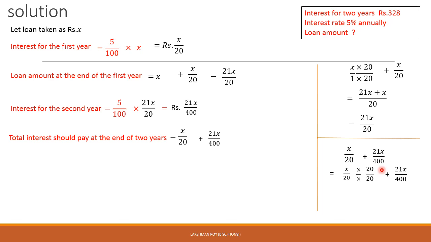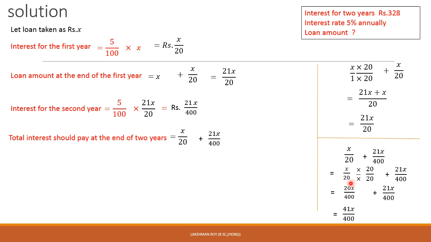Then you have to add the fraction 21x over 400. Now both denominators are 400. Here 20x into 20 is 20x over 400, then the other fraction is 21x over 400. Now you can see the denominators are 400.